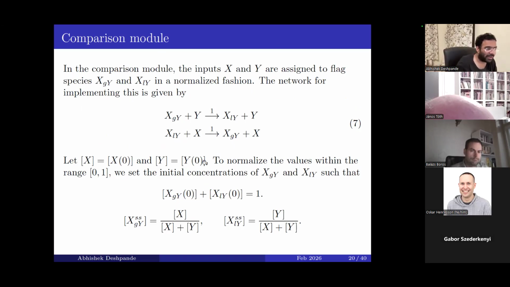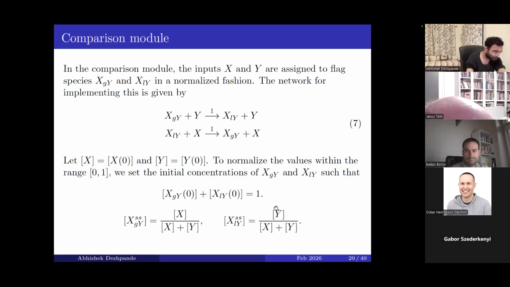To normalize the value within the range, we set the initial concentrations of XGY and XLY such that they sum to 1. And you can show that at steady state, their concentrations are related as follows: the concentration of XGY is X upon X plus Y, and XLY is Y upon X plus Y.